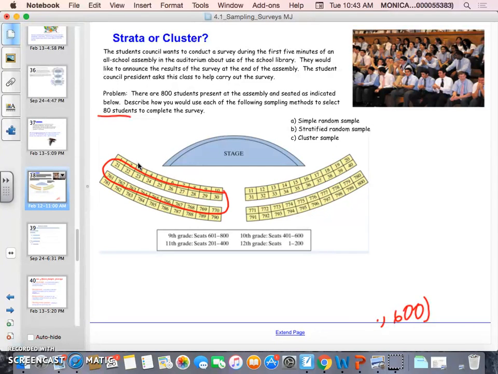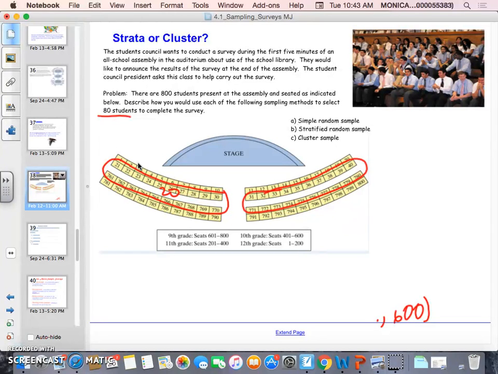And I'm just going to interview everyone in that. I'm going to interview all 2, 4, 6, 8, 10, 12, 14, 16, 18. That's one set of 20. Then I'm going to come over here and sample this group right here of 20 people. And I'm just going to give everybody in these seats a survey, and they're going to be part of my survey. So on and so forth.